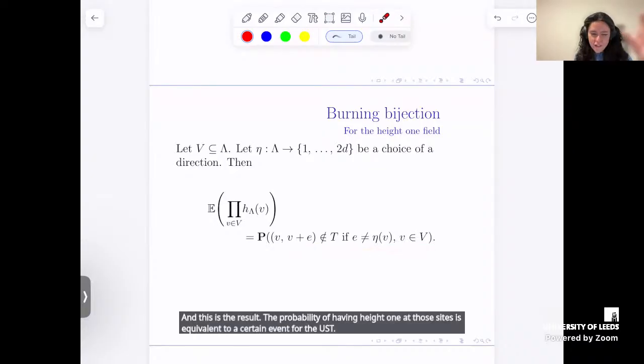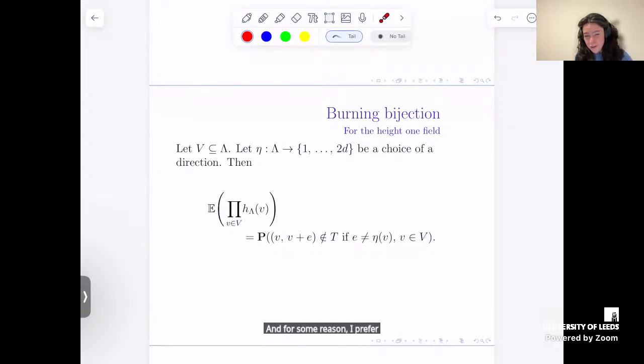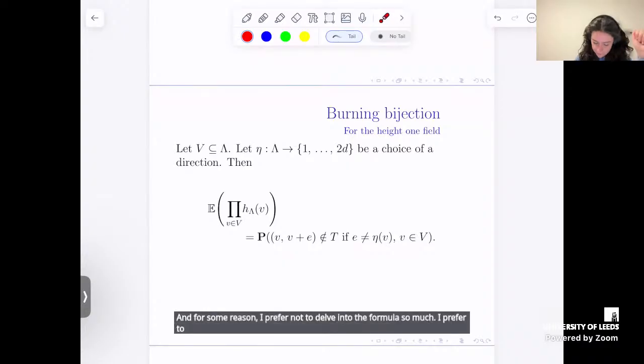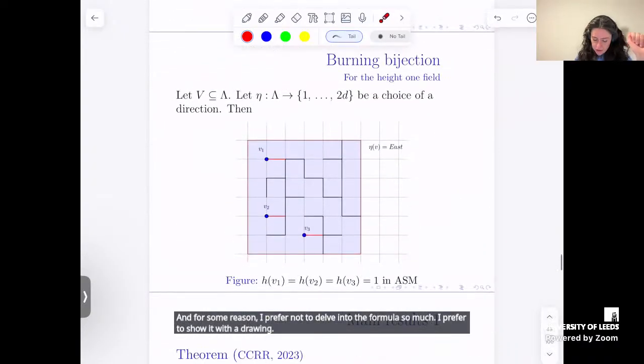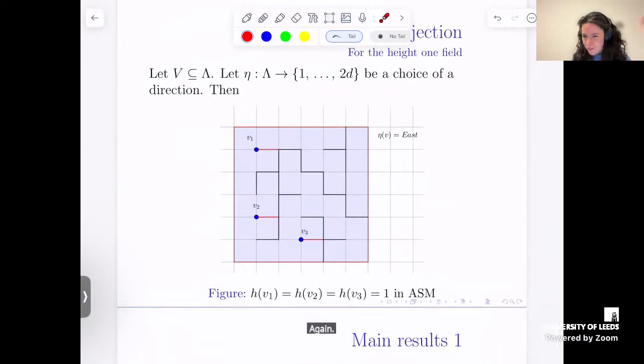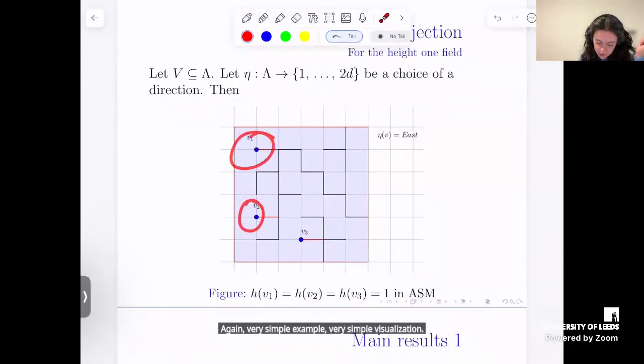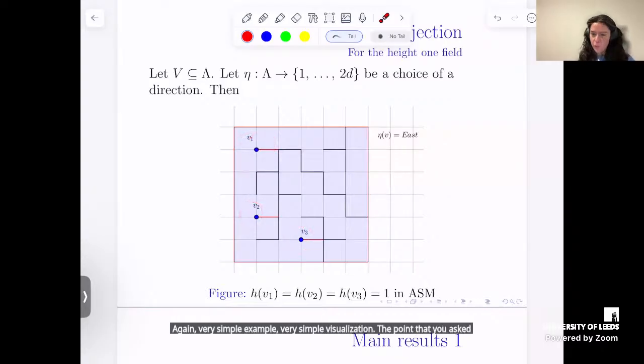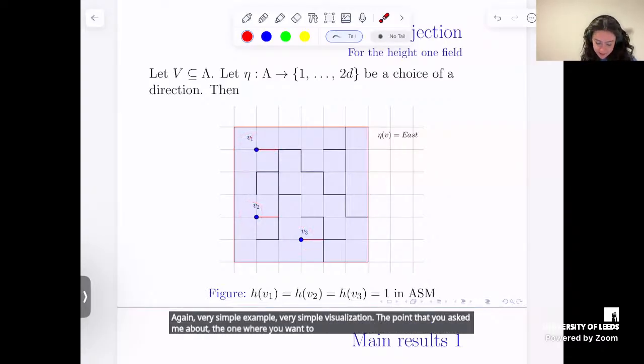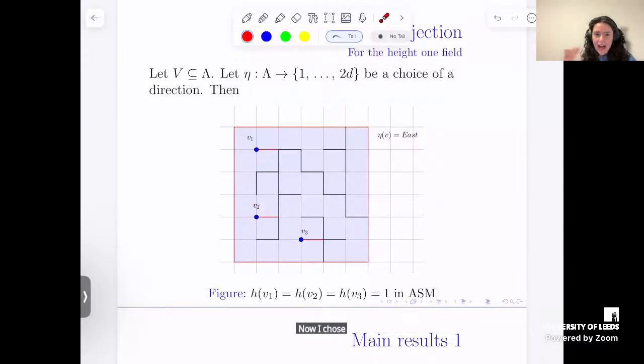For some reason, I prefer not to delve into the formula so much. I prefer to show it with a drawing. Again, a very simple example, very simple visualization. So the points that you ask me about, where you want to have height 1, are these three: V1, V2, and V3. Now I chose a direction for these three points. I chose in two dimensions the east direction.